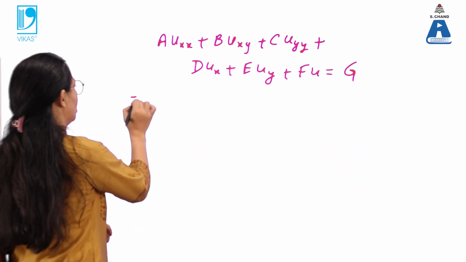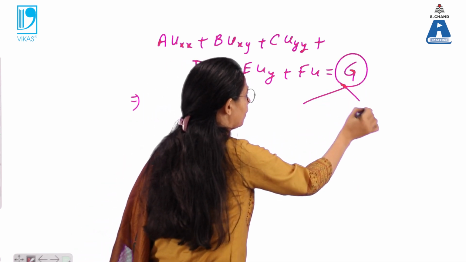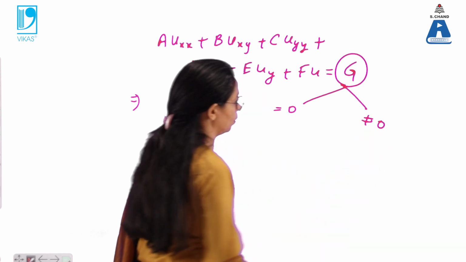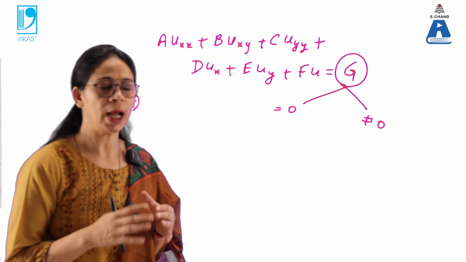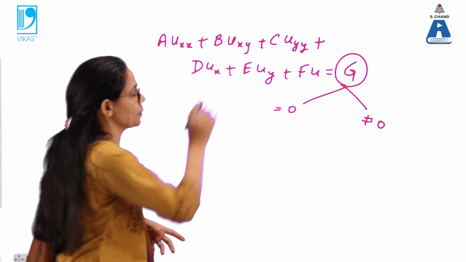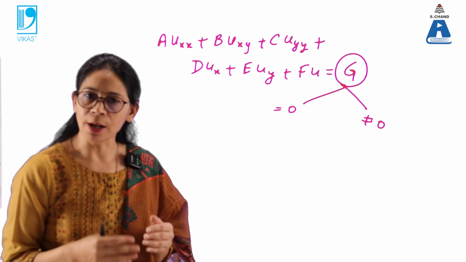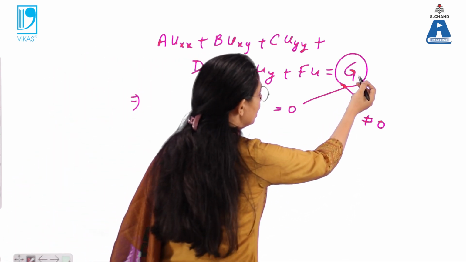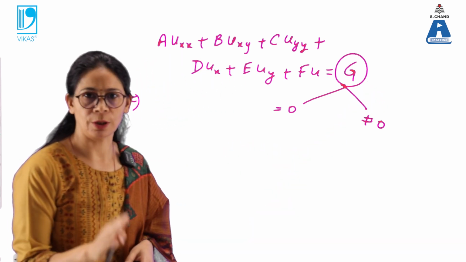Of course this g can be a function of the independent variables only, and it is clear from the subscripts that the independent variables have been taken as x and y and the unknown function as u. Therefore, this g can be a function of x and y only. It cannot be a function of u.